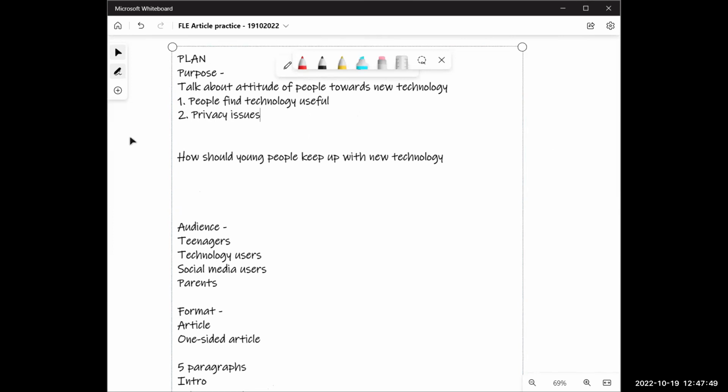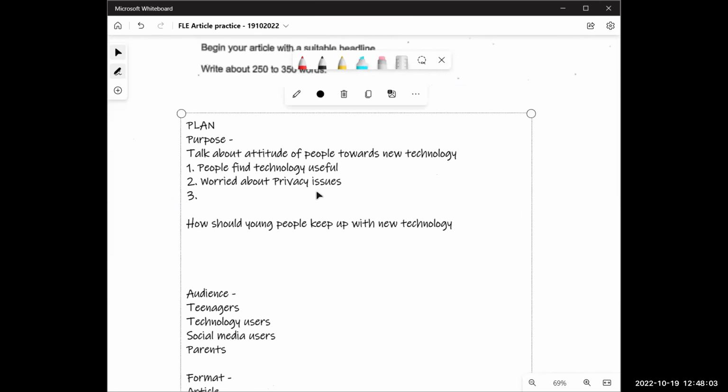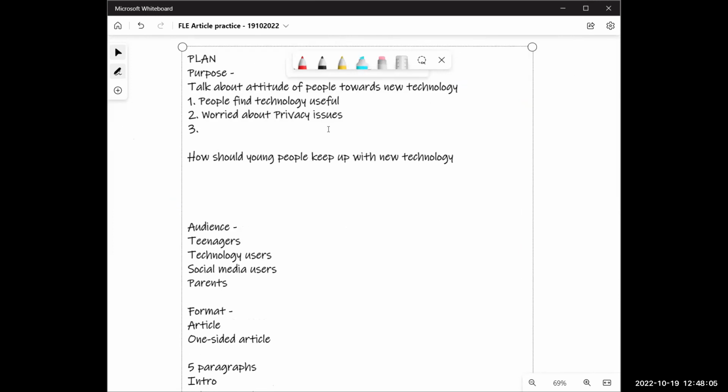The attitude of people is that they are worried about privacy issues. And the third thing I could say about technology is that we are always waiting for new technology to show up. Or let's say always anticipating, waiting/anticipating.